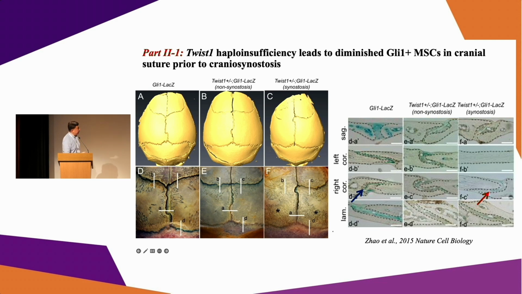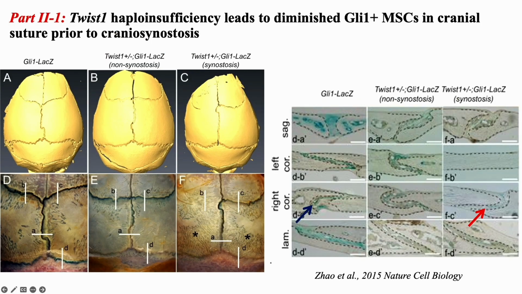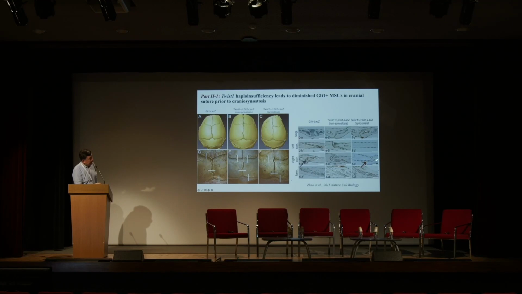That's what we tested. Using the TWIST1 heterozygous mutant model, in which the coronal suture will fuse either unilaterally or bilaterally, we looked at the coronal suture, and indeed, they have reduced GLI1 positive cells.